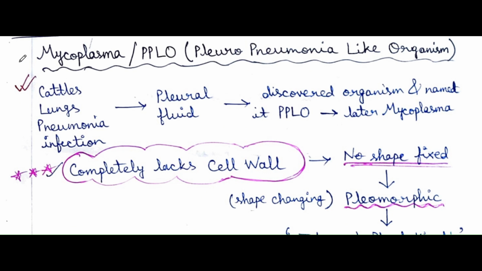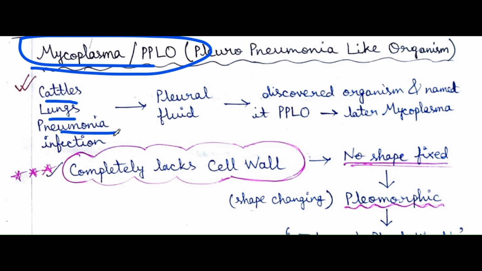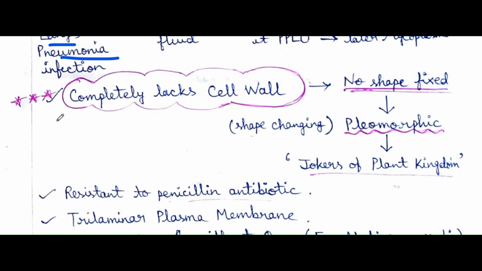Then we will learn another type of bacteria, which are mycoplasma or PPLO, meaning pleuropneumonia-like organisms, first found in the pleural fluid of cattle with lung pneumonia infection. One of the most important points is that they completely lack a cell wall.